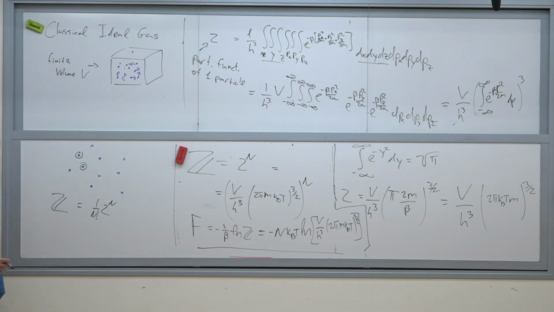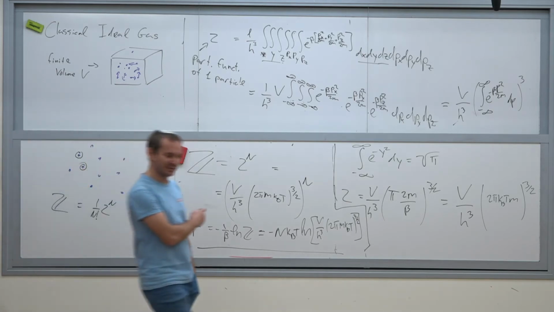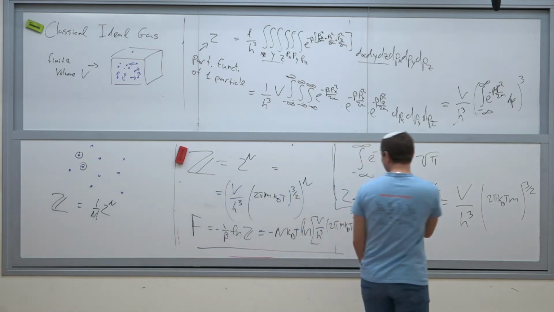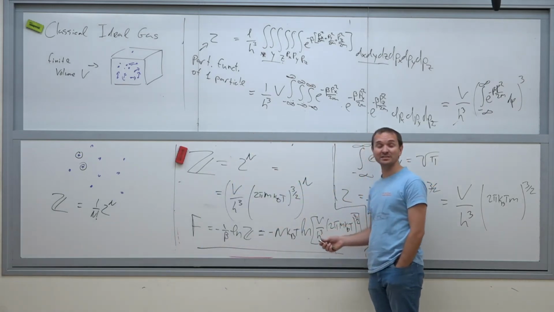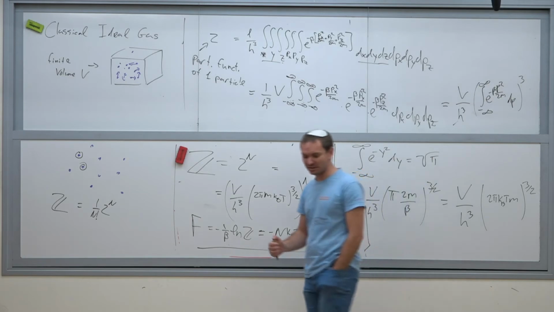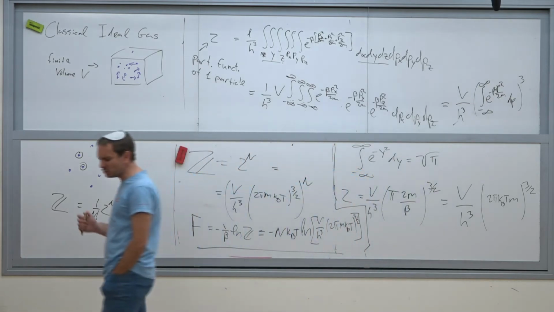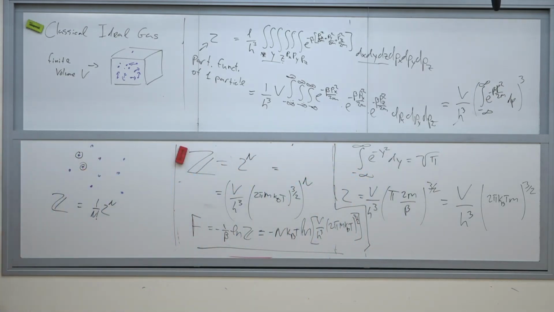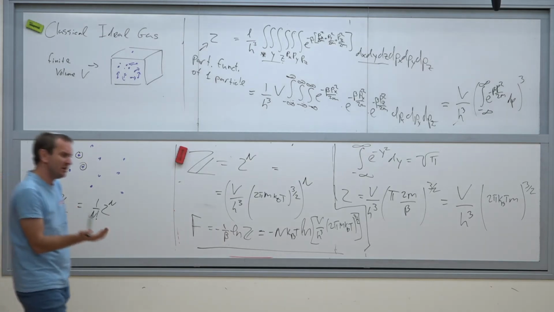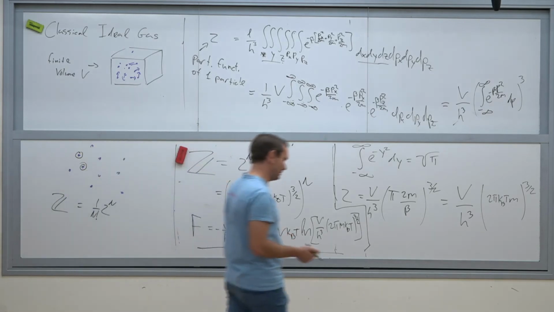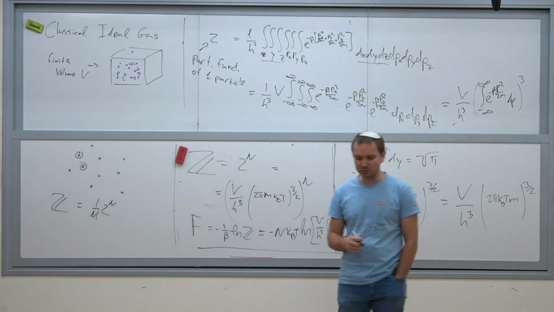Why? Well, actually because we will see that this provides us a good answer. This provides us a free energy which is extensive. It's not exactly clear why one should take care of whether the particles are distinguishable or indistinguishable.